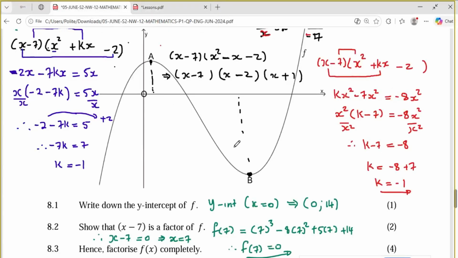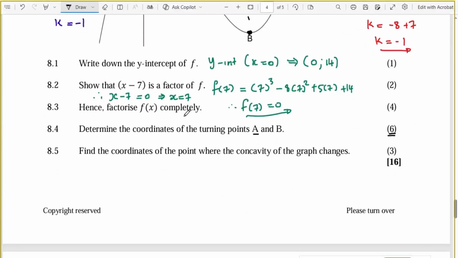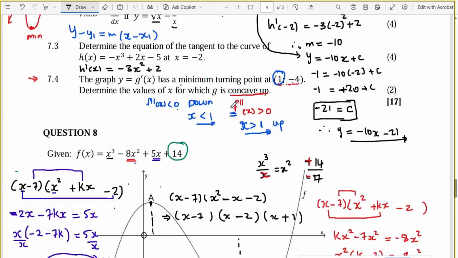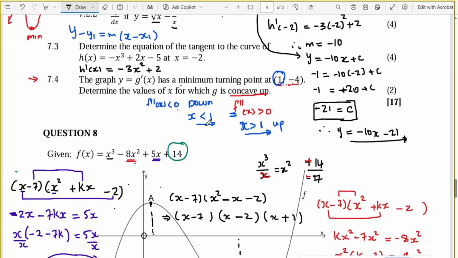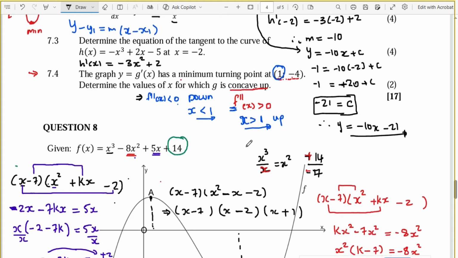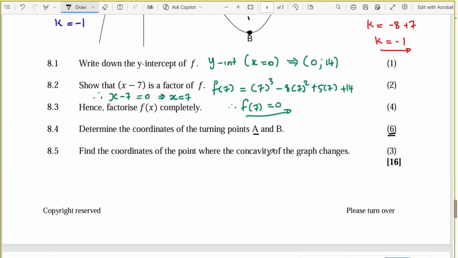Okay, let me look at the next one, number 8.5. Find the coordinates of the point where the concavity changes. Remember, we just talked about this on the previous question: the concavity changes on the second derivative. So to find that point, you need to find the second derivative and equate that to 0.